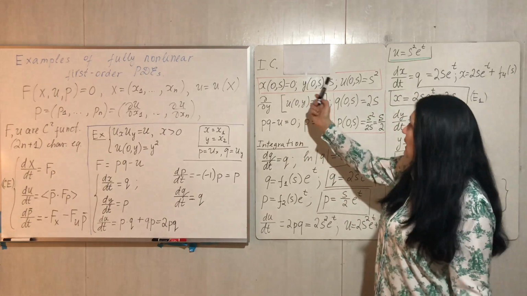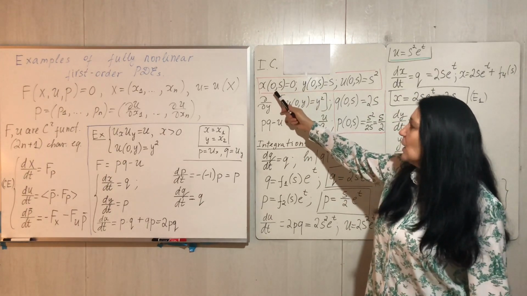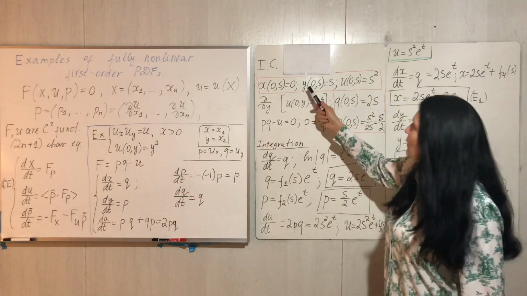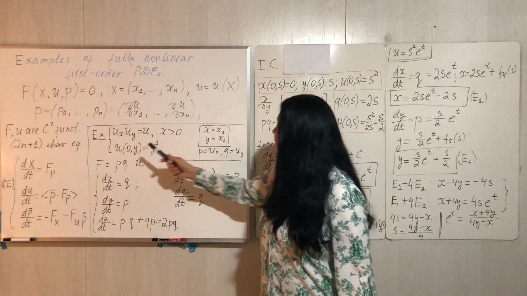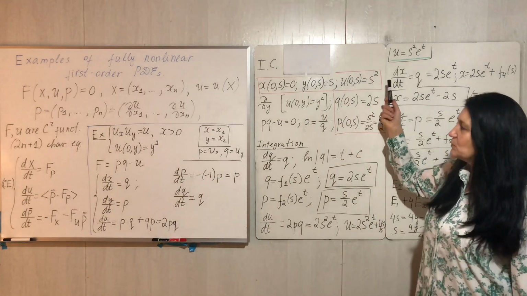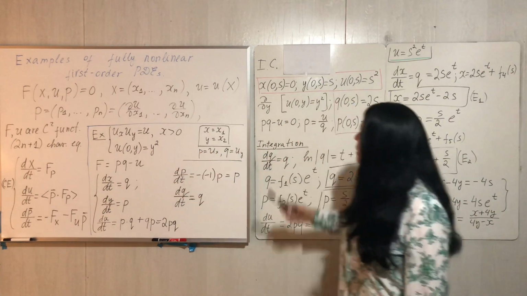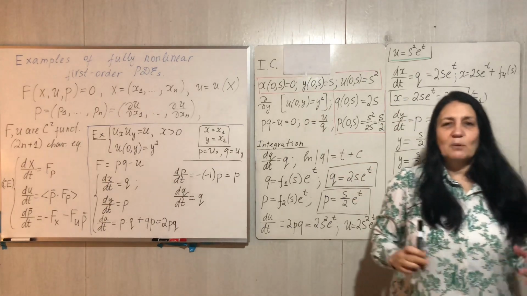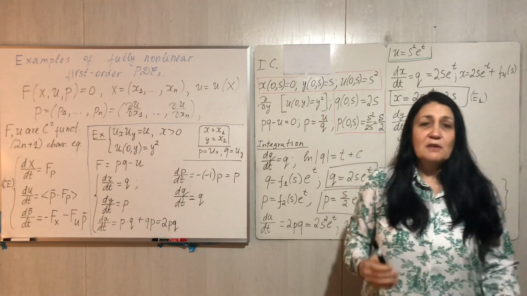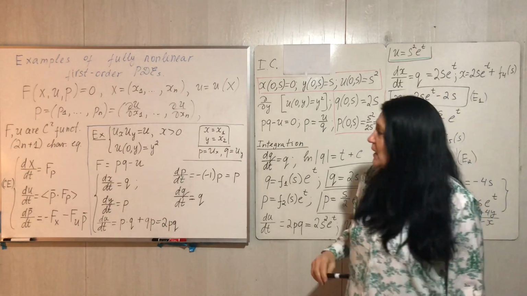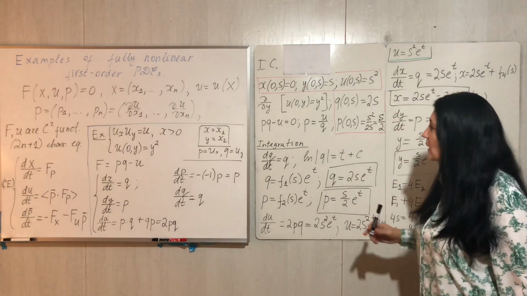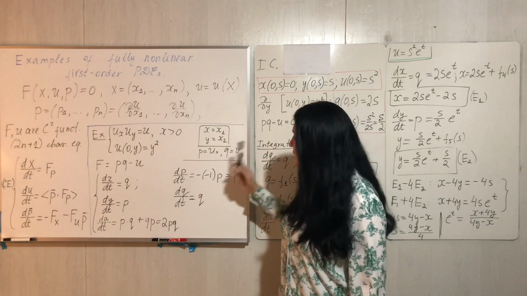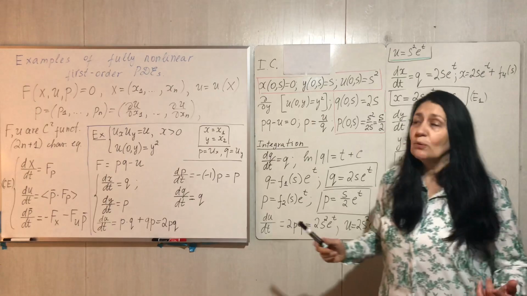So as usual we write x(0,s) would be 0, y(0,s) would be s, and u(0,s) would be s squared. So we have these conditions written in the way we've been writing them for quasi-linear equations. Now we need to write two more initial conditions for p and q.